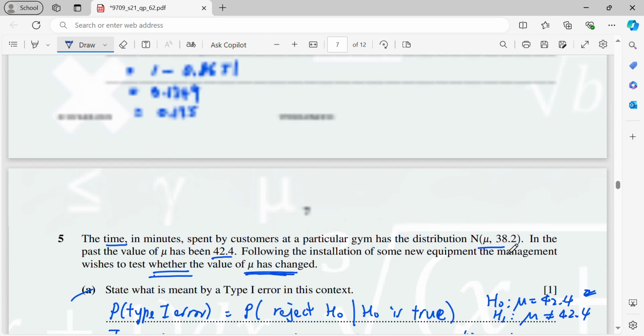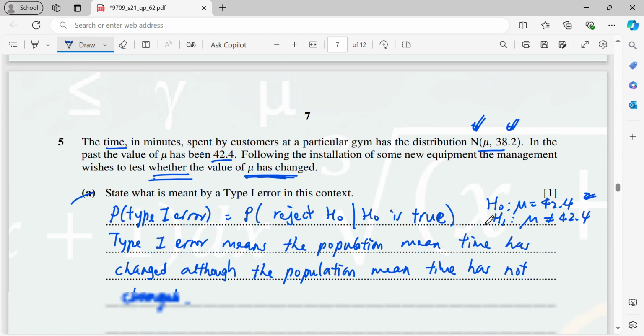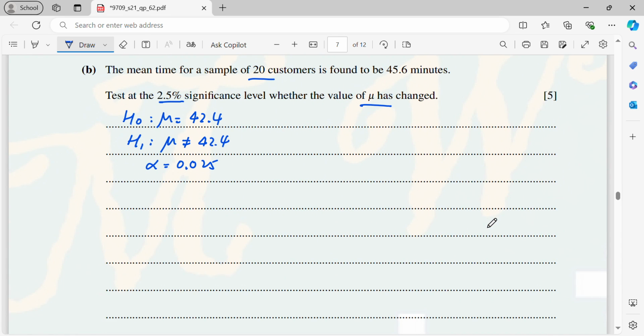Now when we look at the question, it's mentioned that it is normally distributed and the variance is given, right? So since it is mentioned normally distributed, for this hypothesis testing we will be solving using the normal distribution. Before I write down my rejection criteria, I need to sketch a graph.